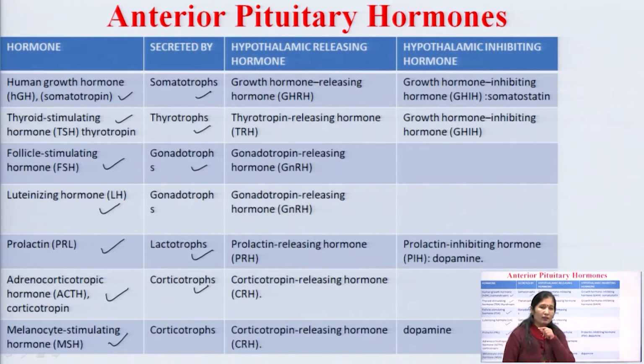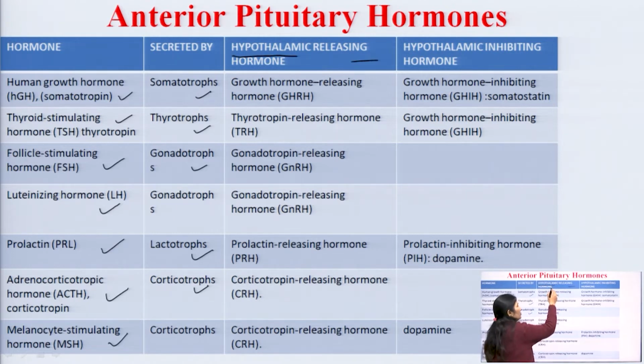So, these 7 hormones of the anterior pituitary are synthesized and secreted by 5 types of cells under the control of the hypothalamus.